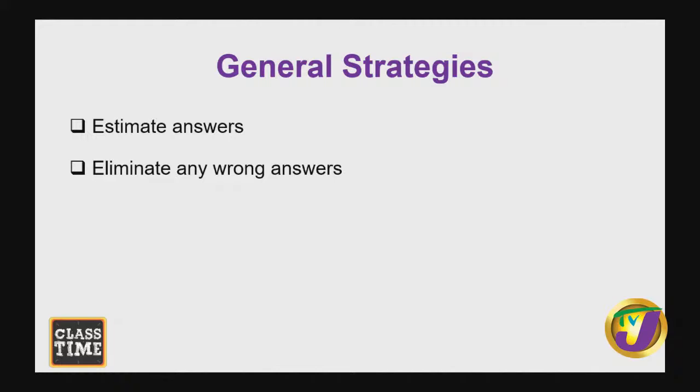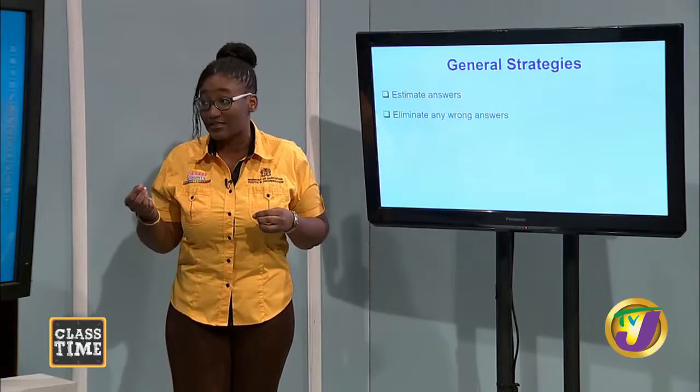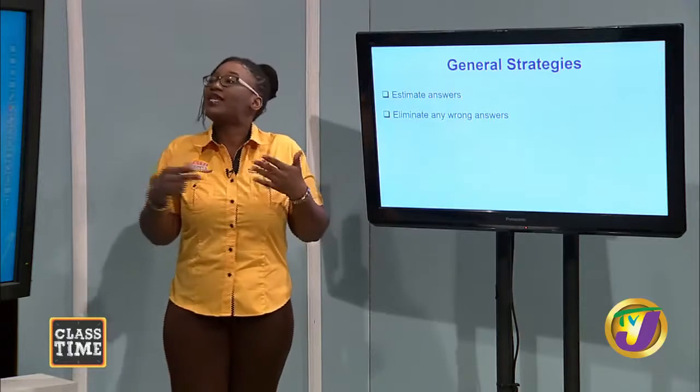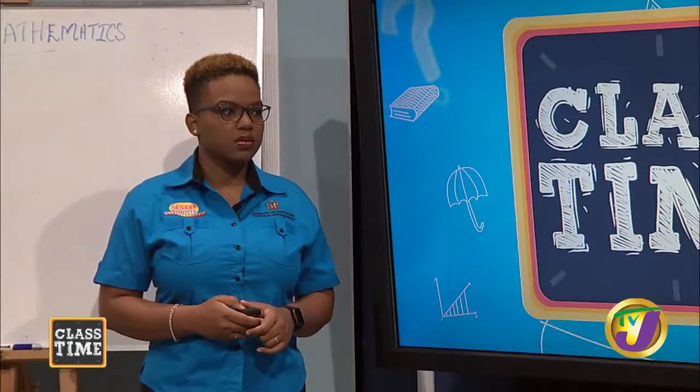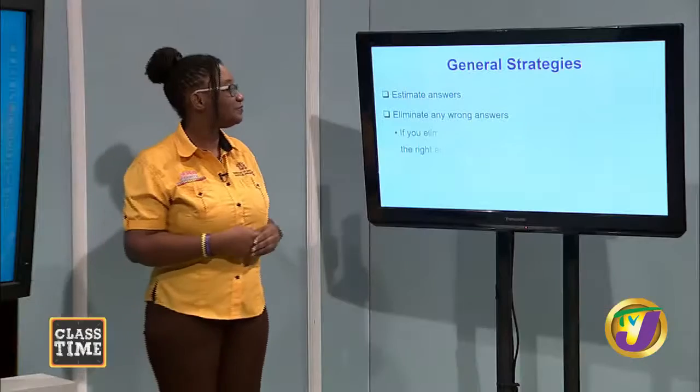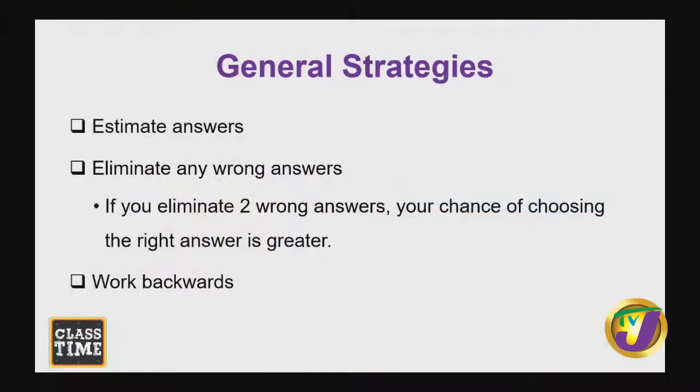Eliminate any wrong answers. And I want to point out that with estimating, you're not using your estimate to necessarily select the correct answer, but you're using it to eliminate any answers that you are sure would not be correct. Makes sense. One of the things we want to highlight, Latoya, is that if you eliminate 2 incorrect answers, your chances of choosing the right answer is greater.